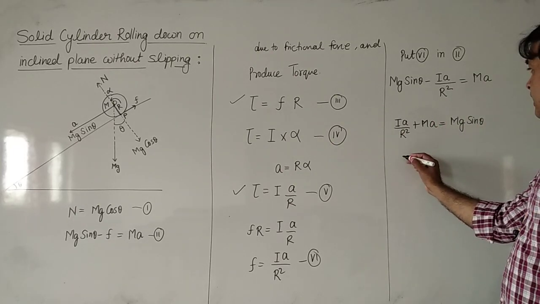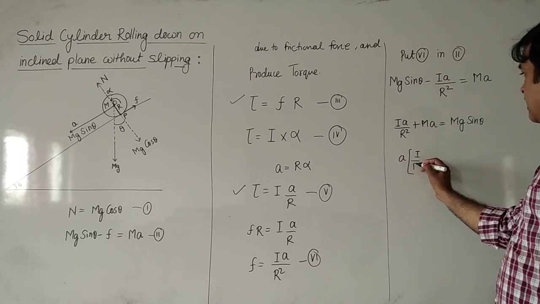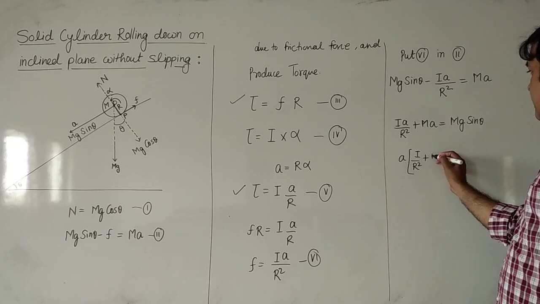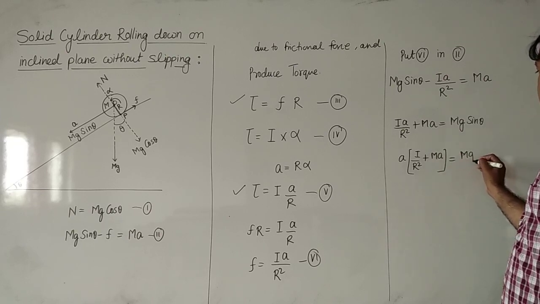Taking common a on both sides, (I upon R square plus m) a equals mg sin theta.